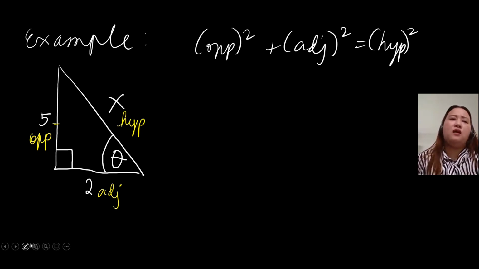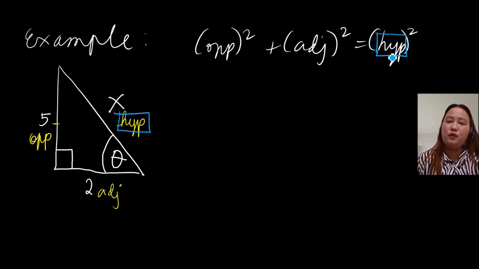What we need in our problem in order to solve it is just the hypotenuse. In the Pythagorean, our hypotenuse is on the right side. So we do not need the square. What we need is the hypotenuse alone. So what we need to do here is to derive. How are we gonna derive? Let us have the derived formula.